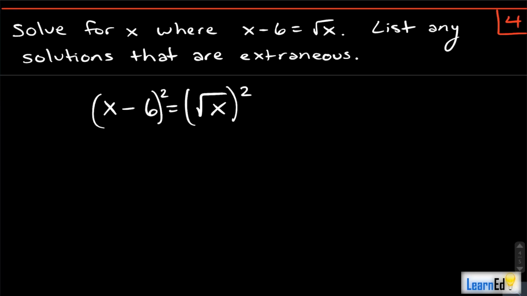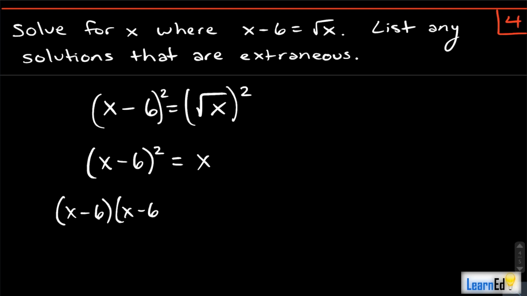When we do that, we get x minus 6 quantity squared, which we're going to have to expand, is equal to x. So that's really nice. Now, let's expand this left-hand side right here. I'll draw this out just so we're all on the same page. We have x minus 6 times x minus 6 equals x.